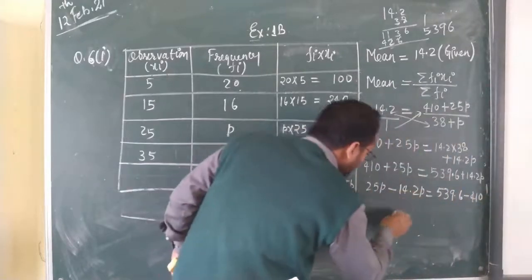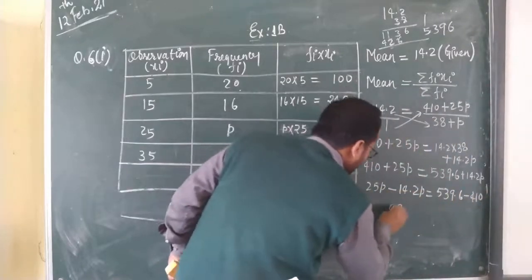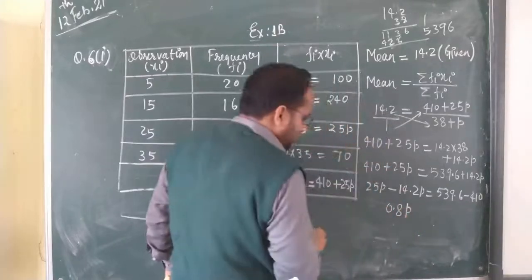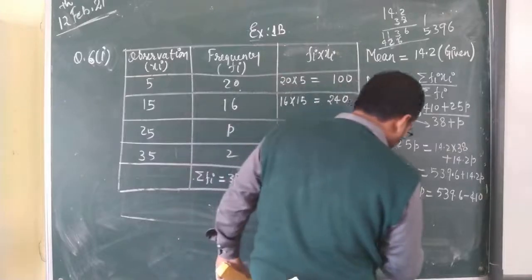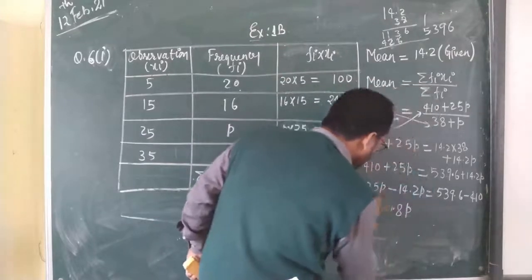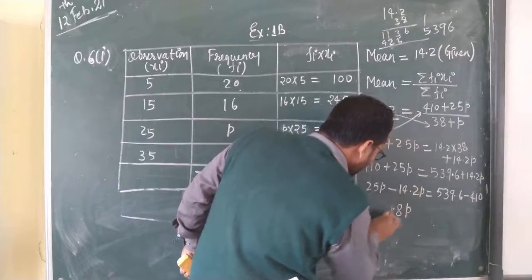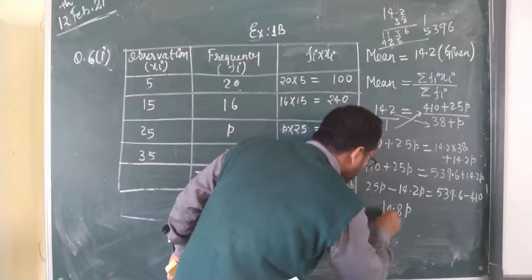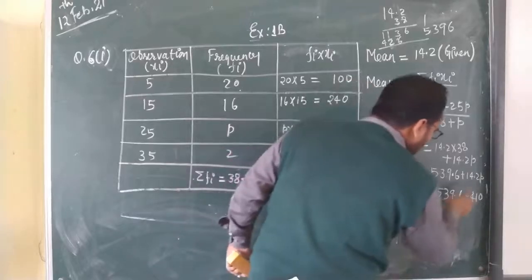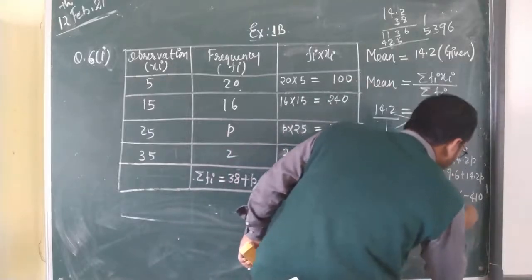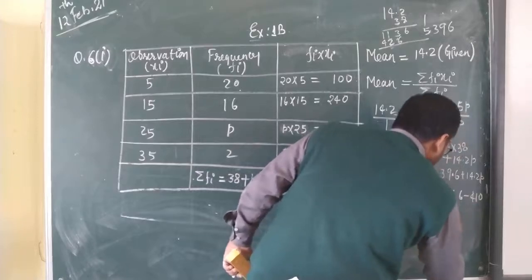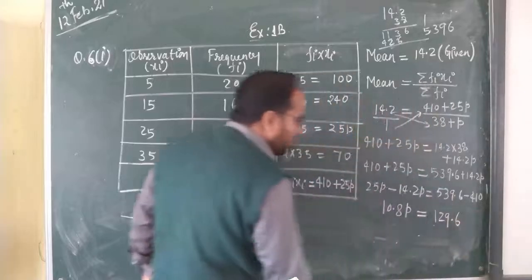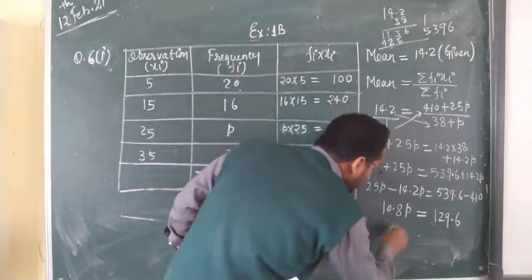Subtract, you will get 10.8p is equal to 129.6.